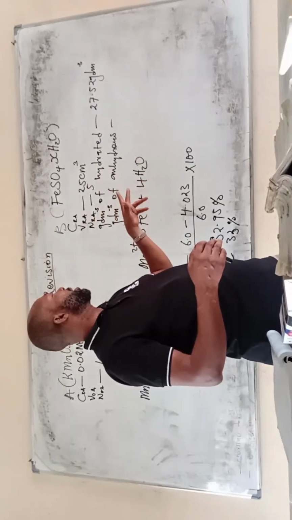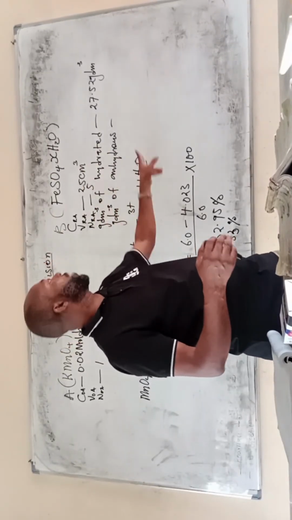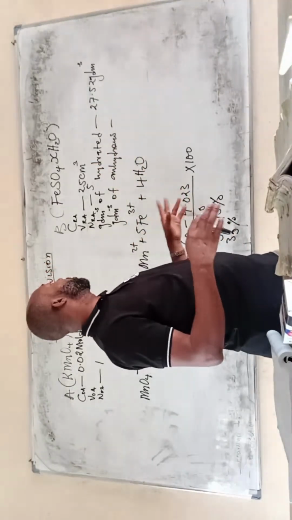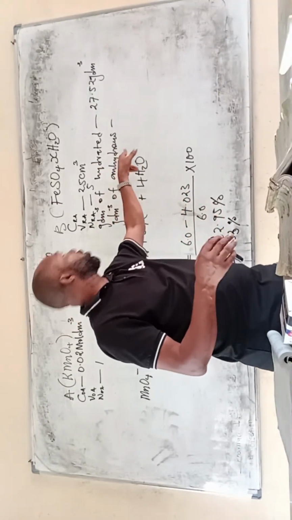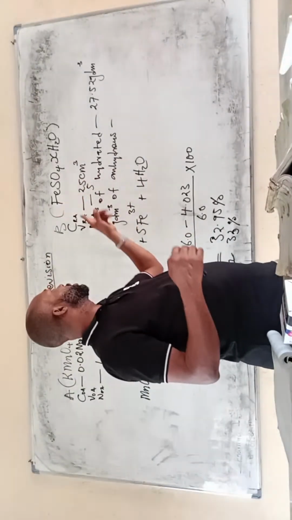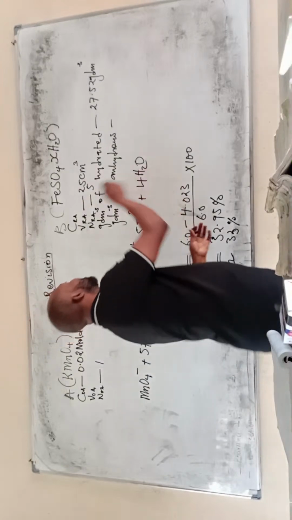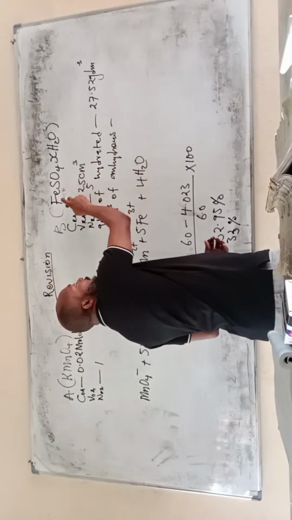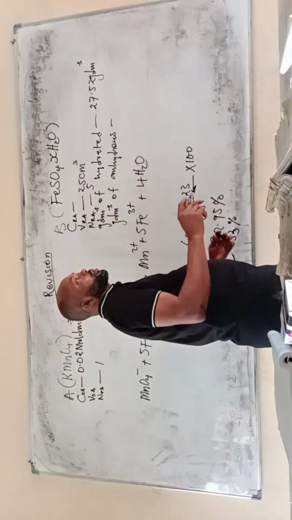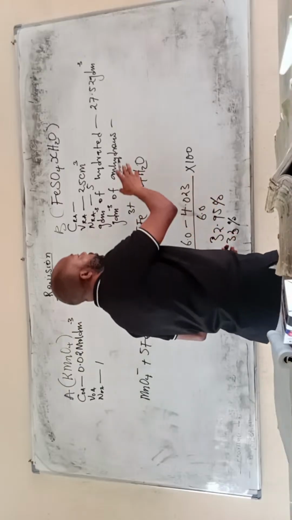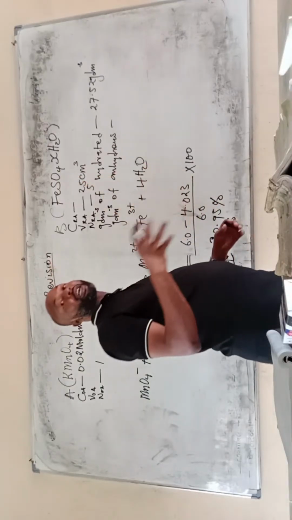So for us to know the mass ton of hydrated or anhydrous, we must be able to know the molar ton of the sample, which is not given. So to check the mass ton of anhydrous, we must first know the molar ton of the salt. So it's an indirect question.